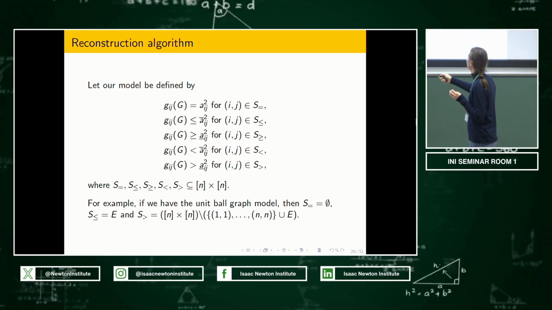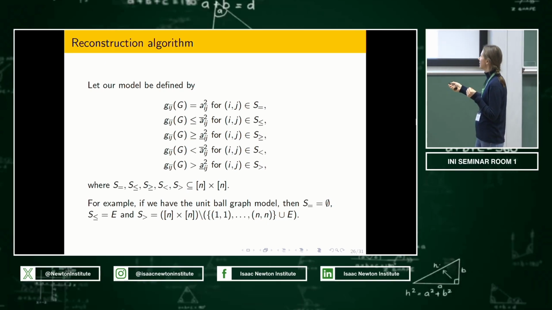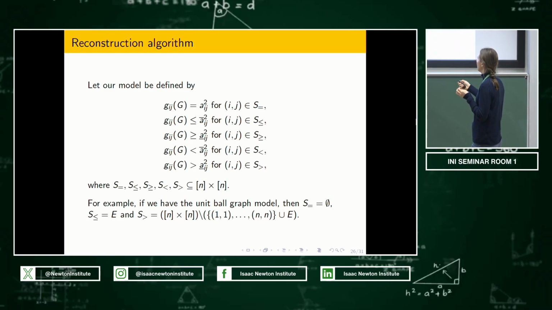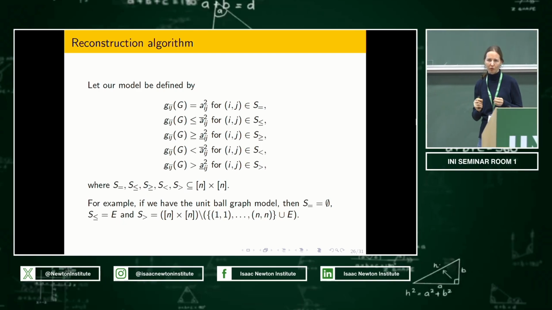Then the less-or-equal constraints would be precisely for all the edges, so this would be less than or equal to 1. And then the strict set would consist of all the pairs of vertices except the edges and repeated pairs corresponding to vertices.